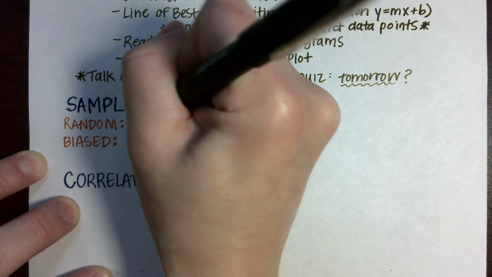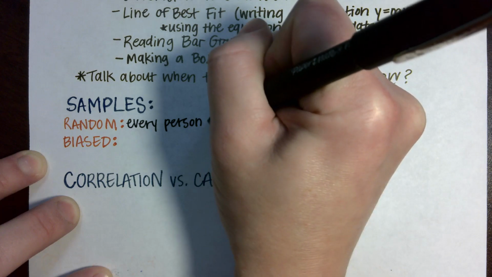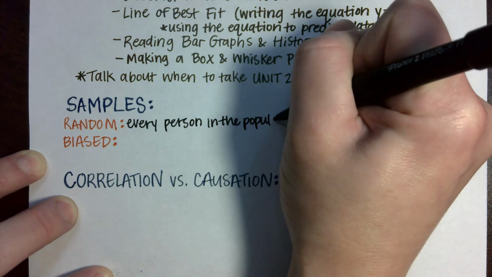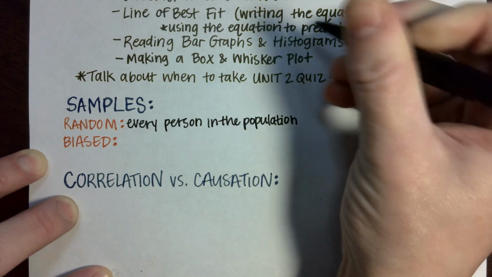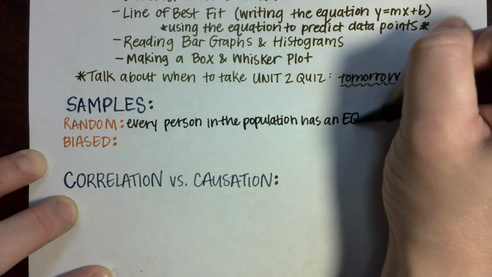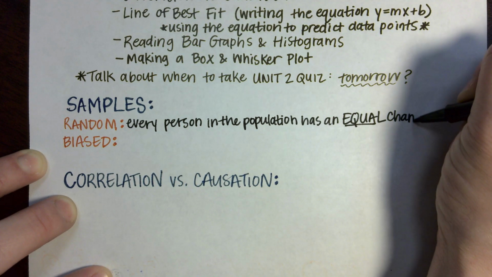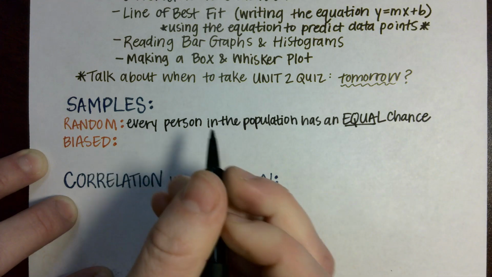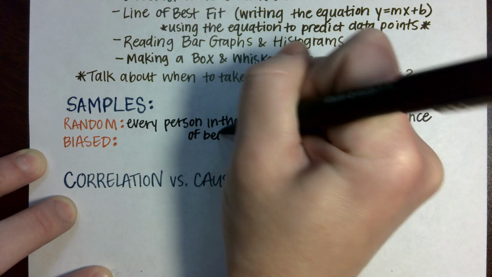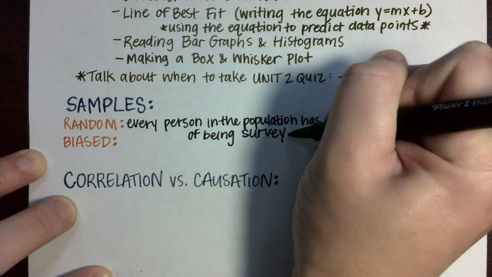So every person in the population has an equal chance of being picked or of being surveyed. Let's say being surveyed. That makes more sense for our example.